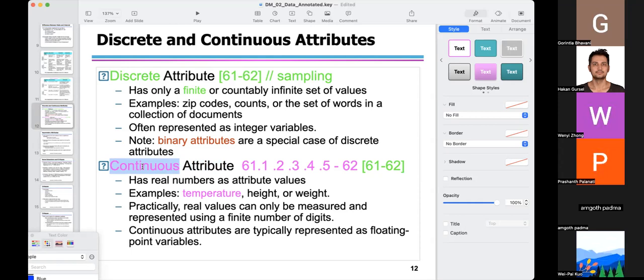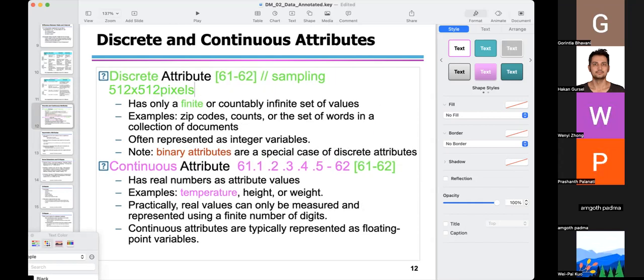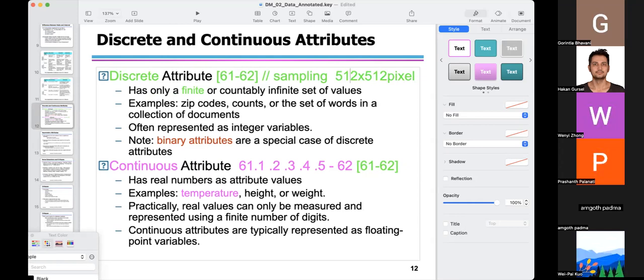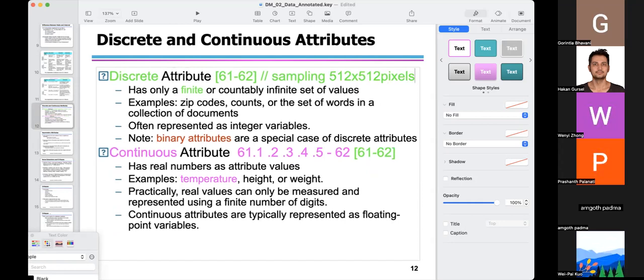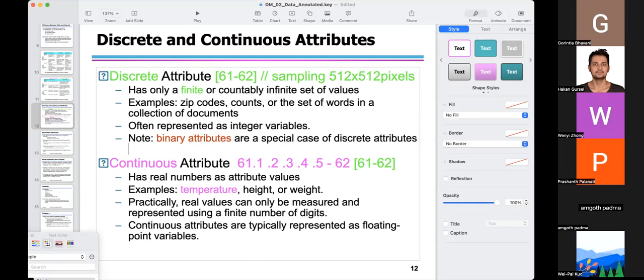If we want to save this picture in a computer, we have to discretize the picture or give it some pixels, 512 by 512, in order to save it like this. So this is to make the picture digital or discrete. We're going to take samples. We're only going to record 512 points, and that's it. The rest of the information is really lost because it has an infinite number of pixels.